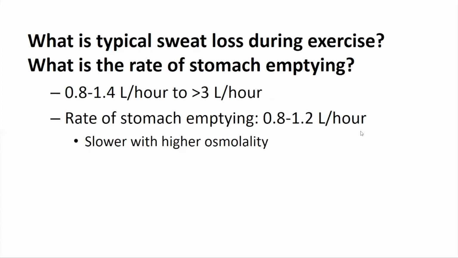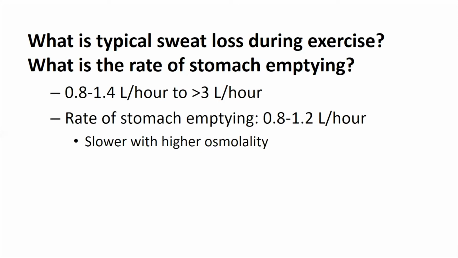So you can see that depending on the activity that we're doing, we would not possibly be able to replenish the fluids at the rate that we're losing them, which makes it easy for athletes in endurance events exercising in the heat to become dehydrated easily, especially if the athlete is hydrating with a sport drink with higher osmolality.